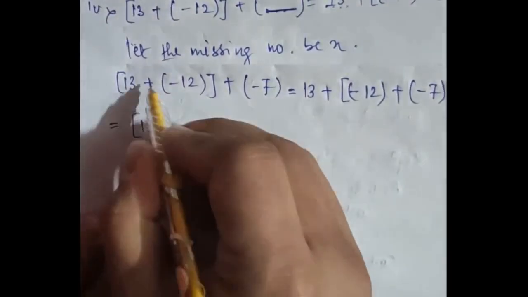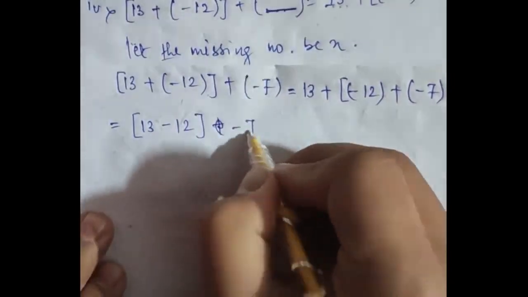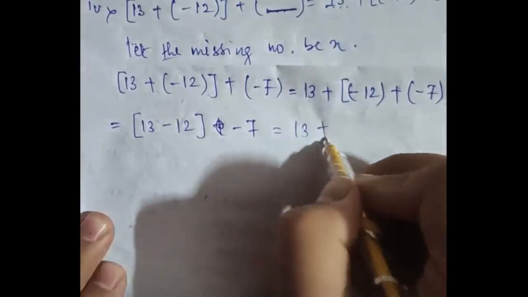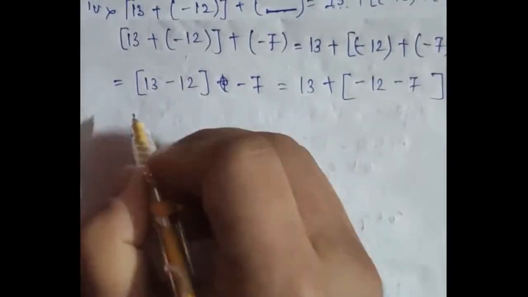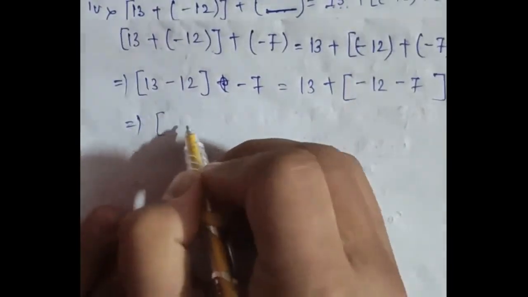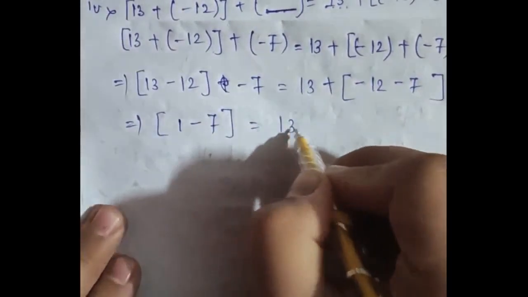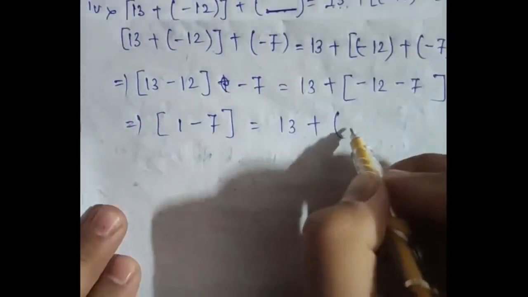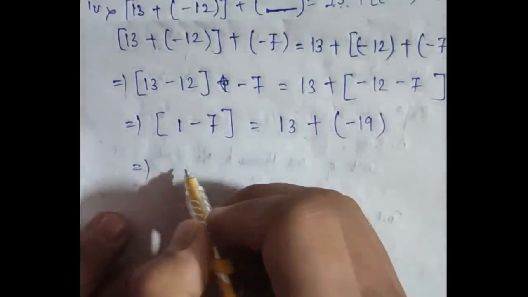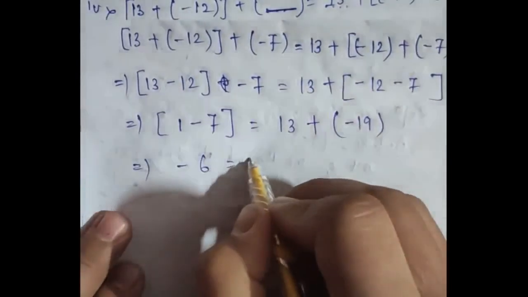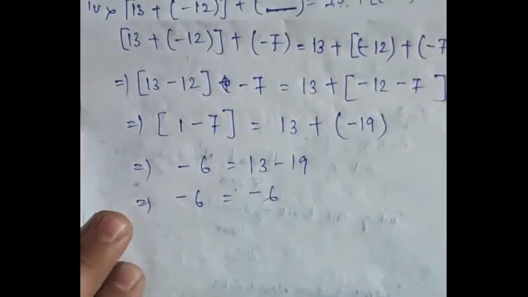Minus 13 plus minus is minus 12 plus minus is minus 7 is equal to 13 plus, let us solve the bracket first, minus 12 minus 7 is equal to 13 minus 12 is 1 minus 7 is equal to 13 plus and minus 19 is equal to minus 6 is equal to 13 minus 19 minus 6 is equal to minus 6, right?